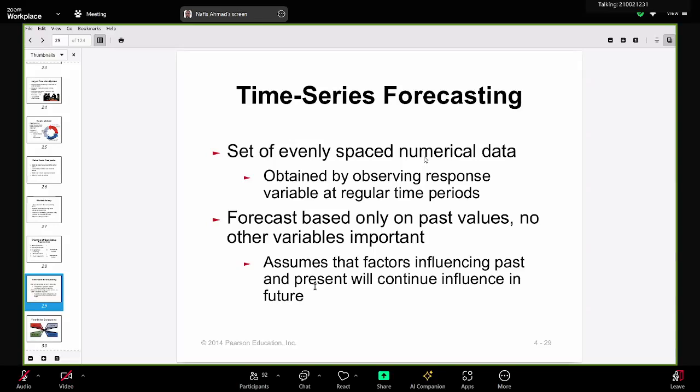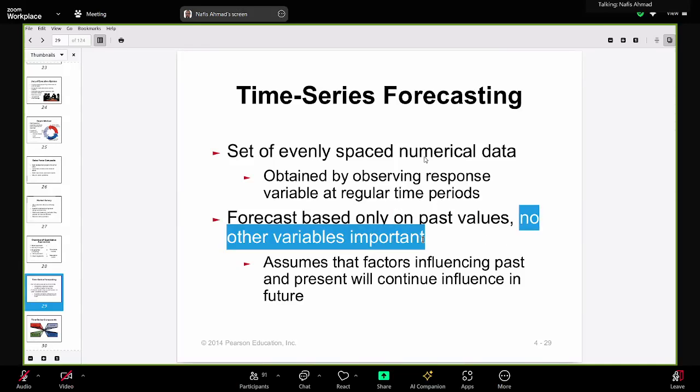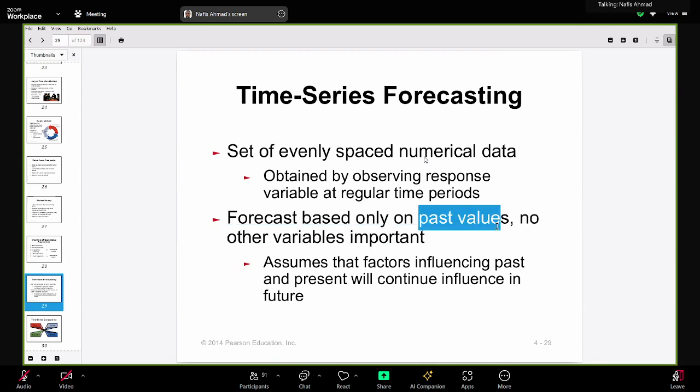So the forecast is based only on past events. Okay, no other variable or variables are important. Say the sales information of yesterday, or of last week, last month, or last year is used to predict tomorrow's demand, or next week's, next month's, or next year's demand.